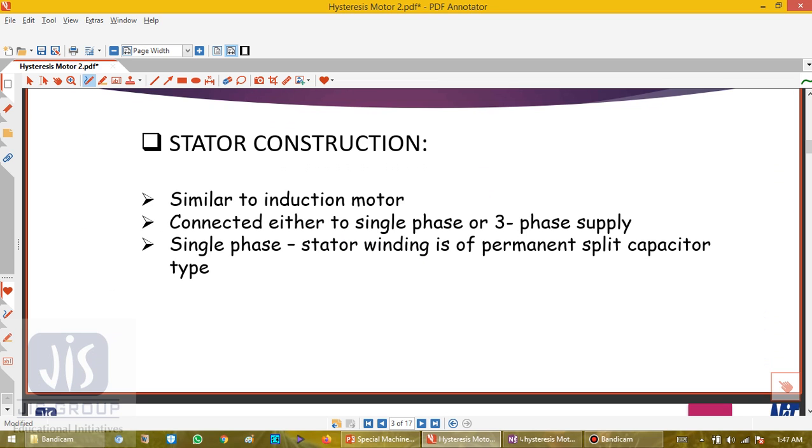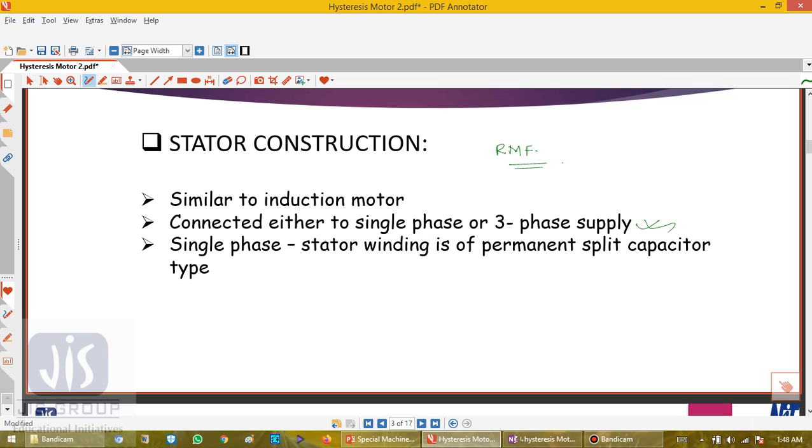So the stator is similar to an induction motor, with the criterion that it should produce an RMF, a rotating magnetic field. Thus, the stator of the motor can be connected to either a single phase or a three-phase supply.